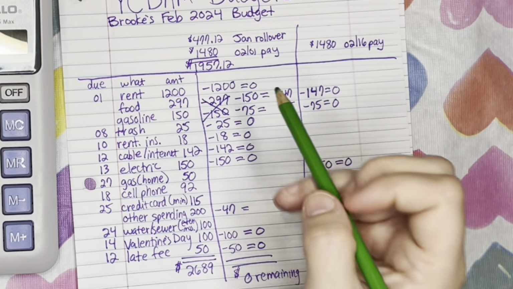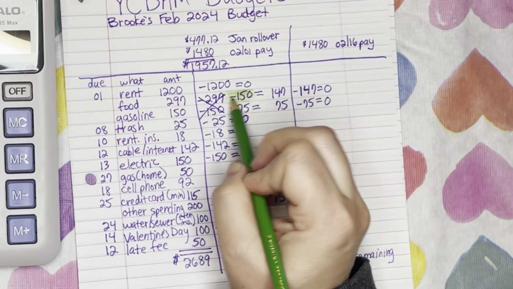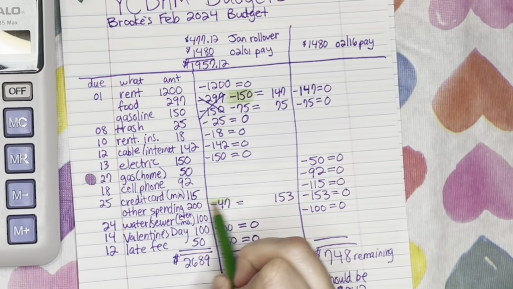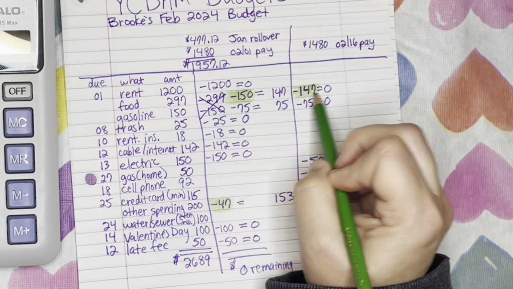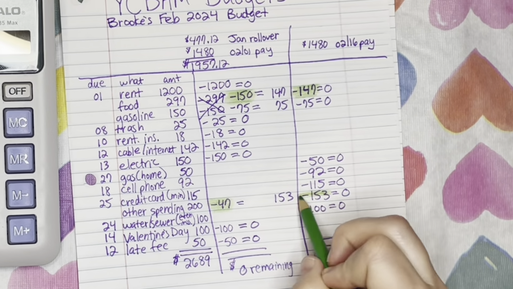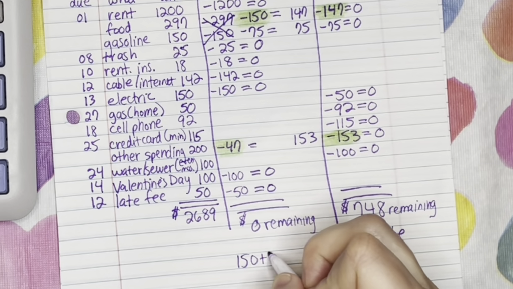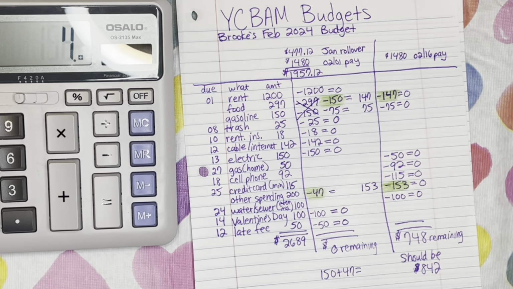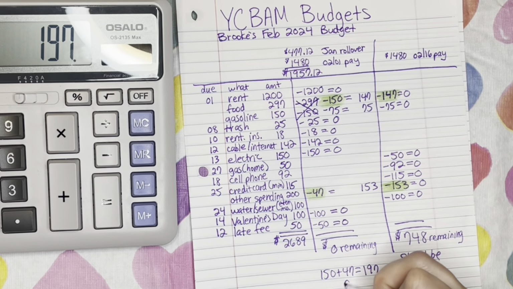And then one other thing, she wants to look at her cash amounts. The food budget money she takes out in cash. She also takes out the other spending in cash. So 150 plus 47 equals $197 that she's going to take out in cash.